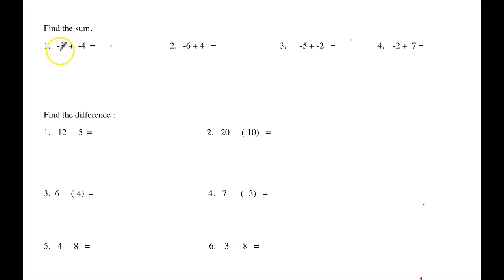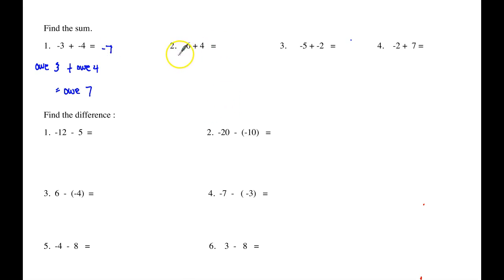So let's get started. Negative 3 means you owe $3. And you're adding some more money that you owe because that's negative 4. So that means you owe $4. So altogether, how much do you owe? You owe $7. And in math, we represent owe $7 as negative 7.